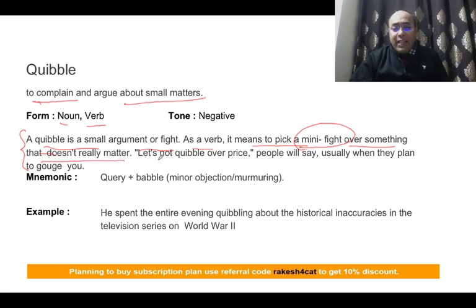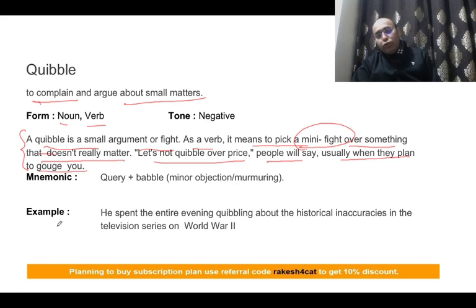So somebody may say, let's not quibble over price, right? People usually say this when they plan to gouge you, right? So they want to shortchange you. So at that moment, they may say that let's not quibble over price, right?